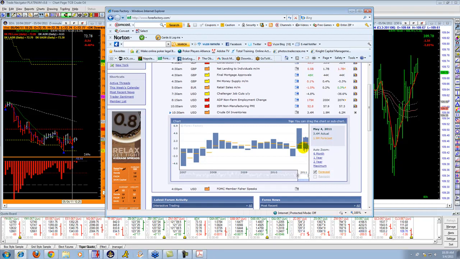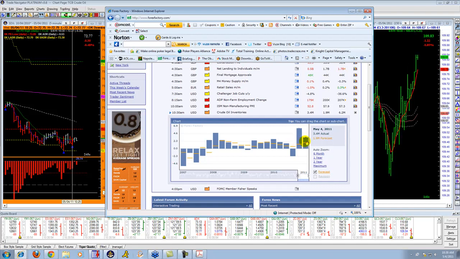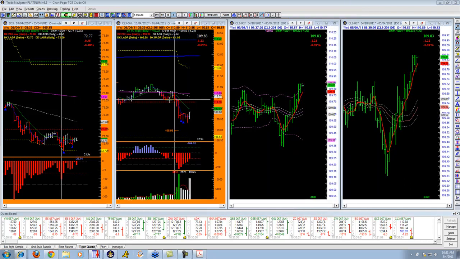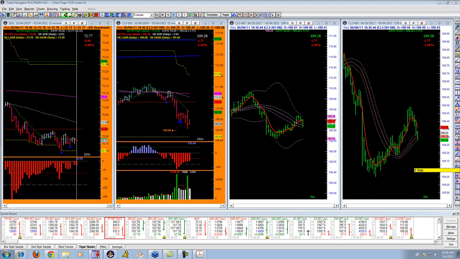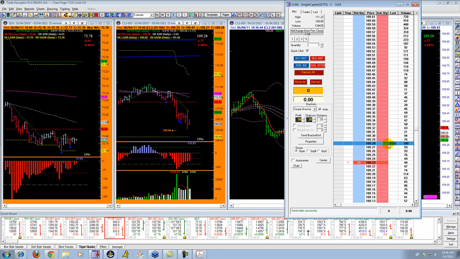All right, so we have a little bit of a surprise here in inventories. Expecting 1.9, it comes in at 3.4. See how that plays out. 23 again. Looking at 23 to short.